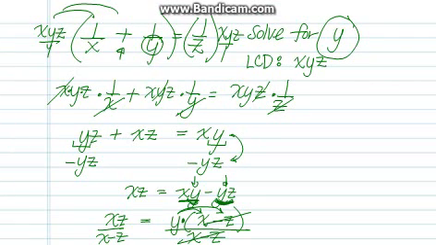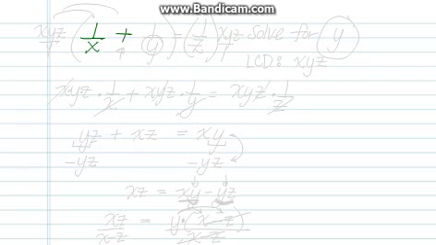The next thing we're going to be looking at is 1 over x plus 1 over y equals 1 over z, and we want to solve for, let's say, y. Now if I want to solve for y, I see y is here in our denominator, and it looks kind of hard to try and deal with all these fractions. So it makes me think about trying to clear fractions.